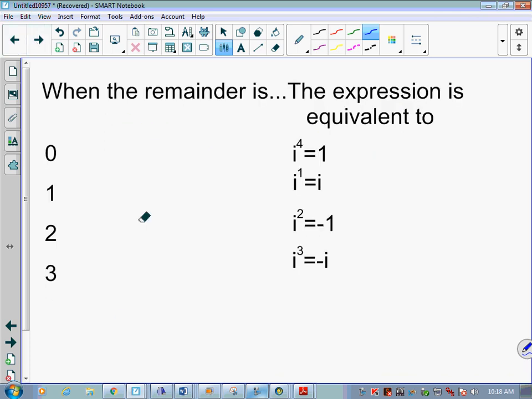So when the remainder is 0, like i to the fourth, we get 1. When there's a remainder of 1, we get i. When 2 is the remainder, you get negative 1. And when 3 is the remainder, you get negative i. Those are your 4 options for i.